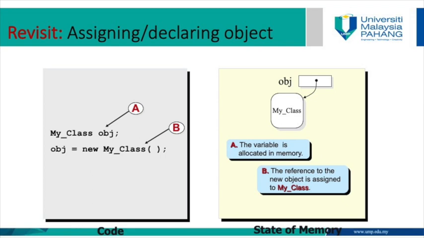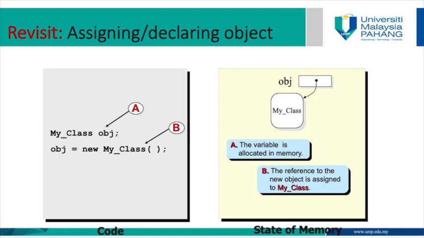So actually when you write the code MyClass obj, the variable is allocated in memory. That means it saves the information about the object to memory.